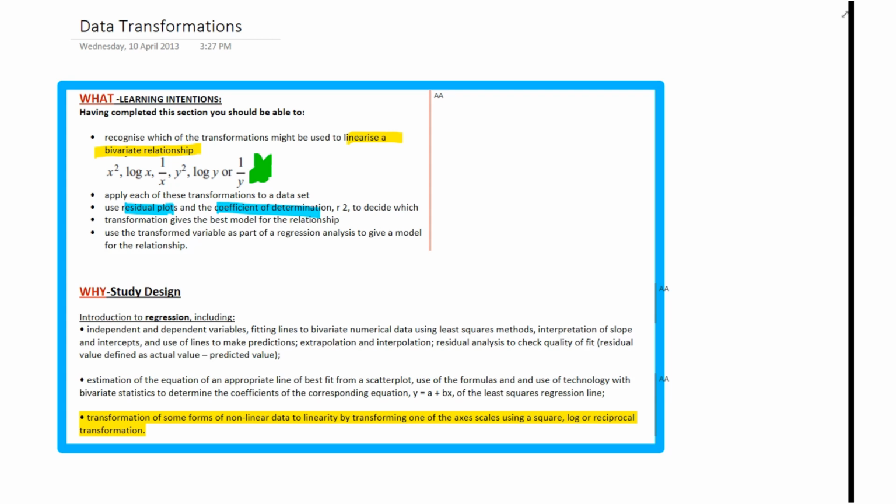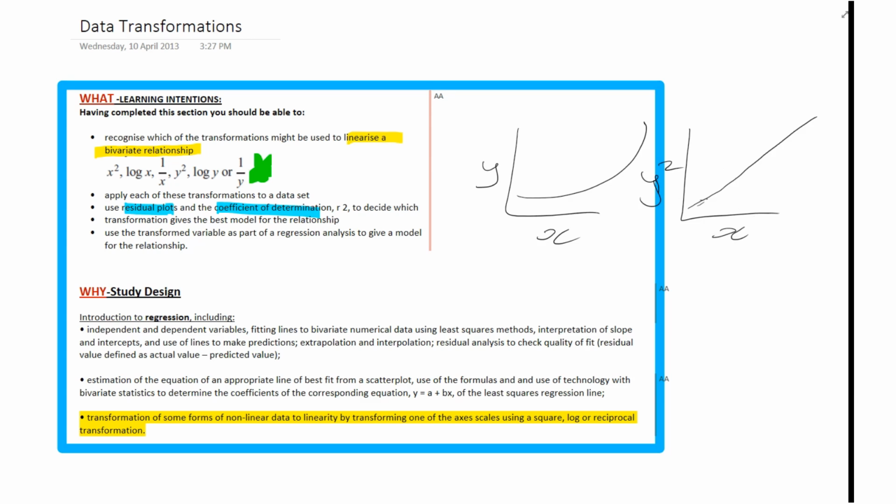And the reason we're doing that is because sometimes your data looks like that, and if I can transform the data so that I get something I can fit close enough to a line, that's now y squared and x instead of y and x.